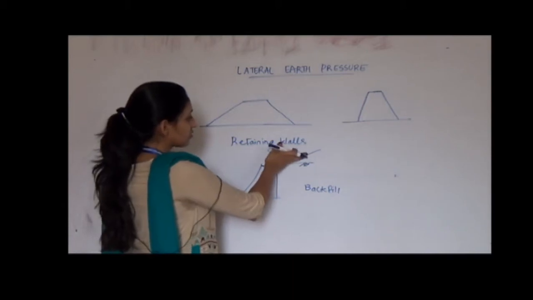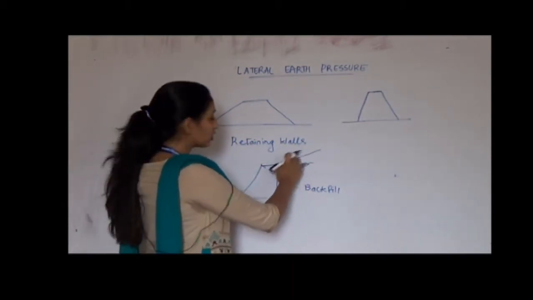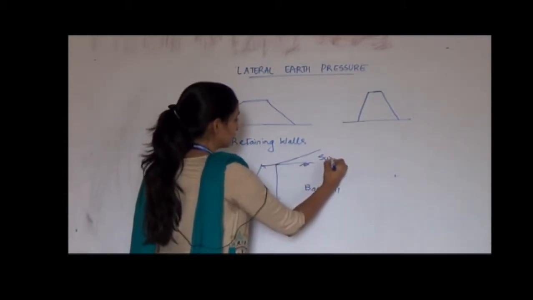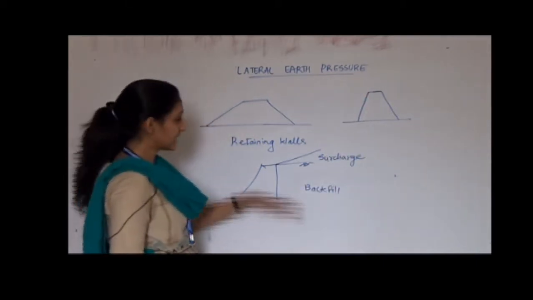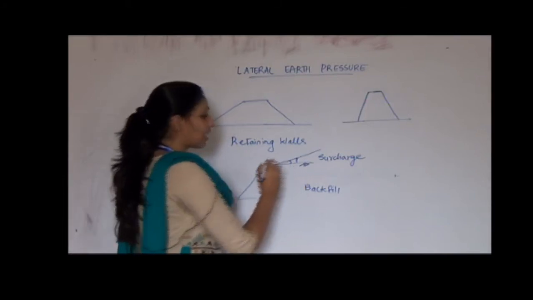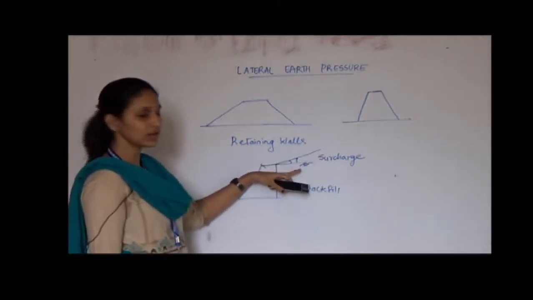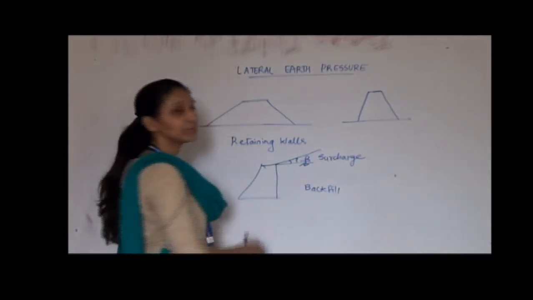This excess soil mass which is present above the horizontal plane on the top of the retaining wall is called surcharge, and this angle of inclination is given by i. So this is the backfill, surcharge and angle of inclination i, or it is also given by beta.